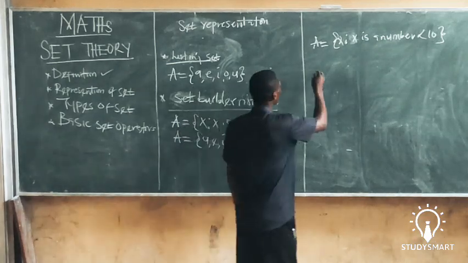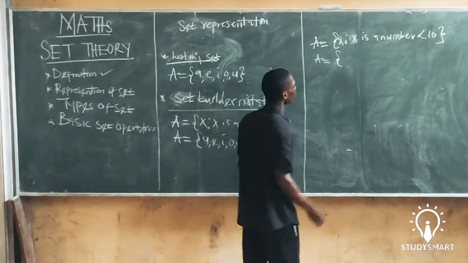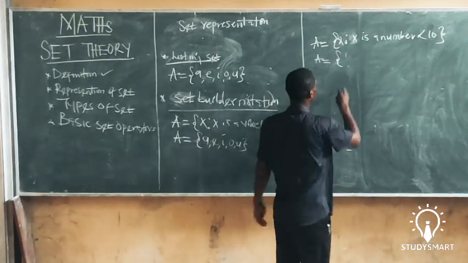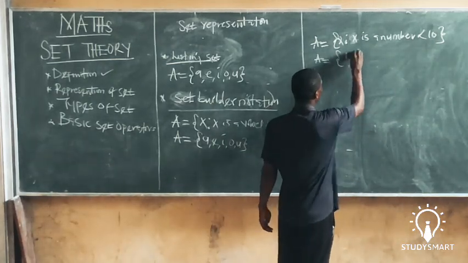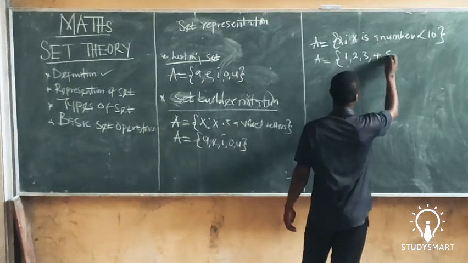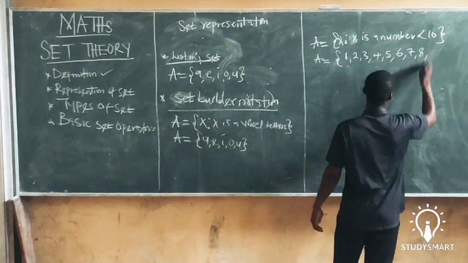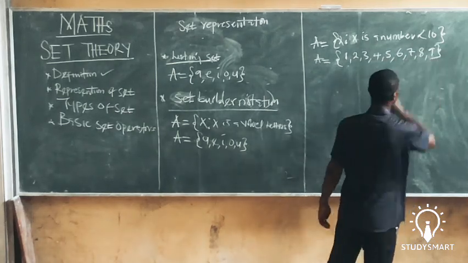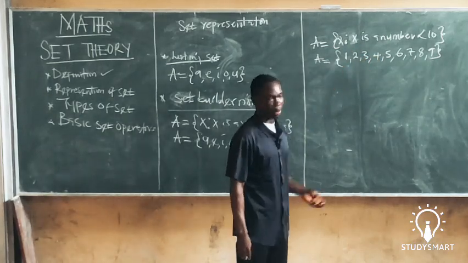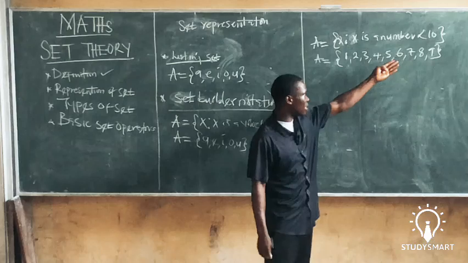So A is equal to 1, 2, 3, 4, 5, 6, 7, 8, and 9. So that is the explanation of this particular statement: x is a number less than 10.